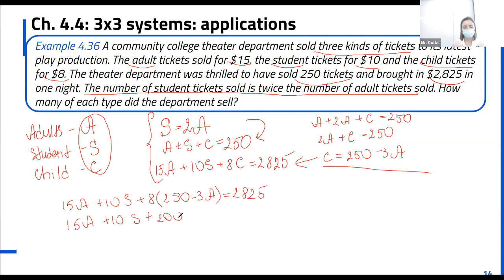So what do we get? Plus 2000 minus 24A equals 2825. And here we can also substitute 2A for S. So let's see what we have. 15A plus 10 multiplied by 2A minus 24A equals 825.